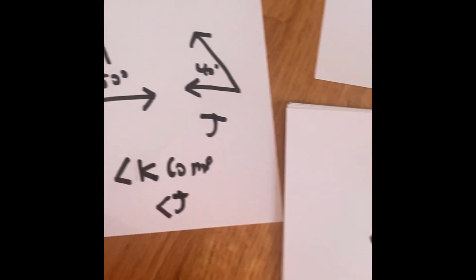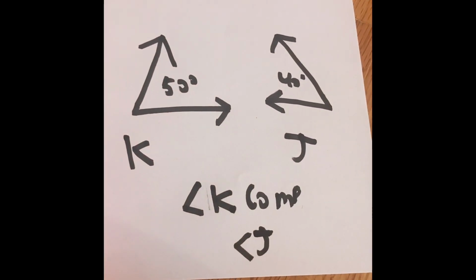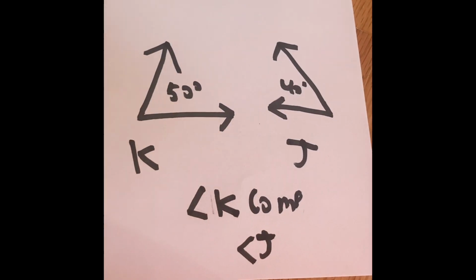So that is how we can say in a math statement that two angles add to 90 degrees.